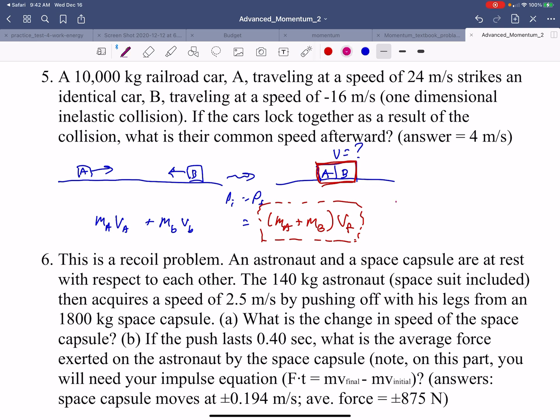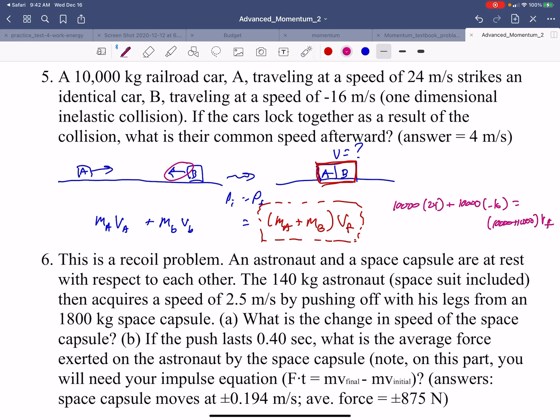So 10,000 times 24 plus, it's an identical car, so 10,000 times a negative 16. We do have to be careful about our velocity vectors. And that has to equal 10,000 plus 10,000 times V final.